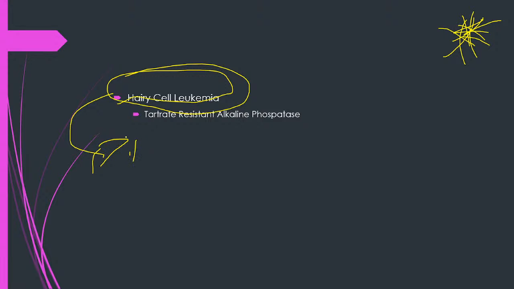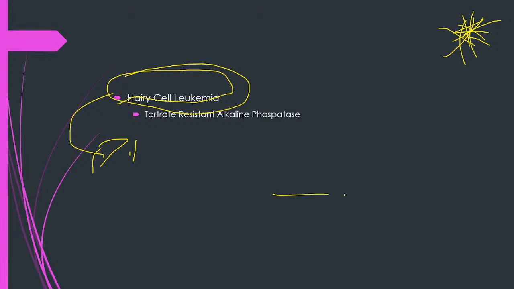I'm not sure whether it was for ACP or for the local board exam in the Philippines, but what I do remember is that it's always presented as hair-like, spindle-like projections on the lymphocytes, and almost always it would have a question about the stain that you're going to use, and that's tartrate-resistant alkaline phosphatase stain. All right, so please don't forget the TRAP.